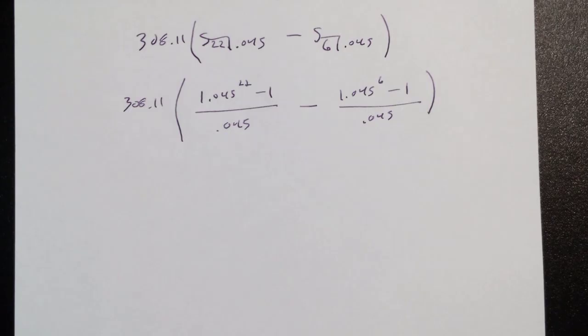What happens inside that set of parentheses when I combine the fractions?